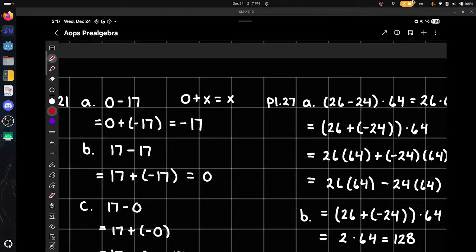Yeah, it seems like the work they showed is the same thing. Yeah, we turn that subtraction into a negation to get to negative 17.